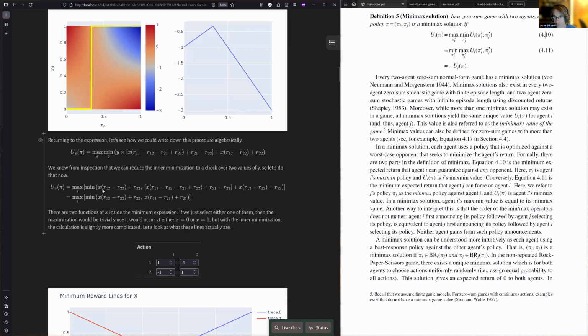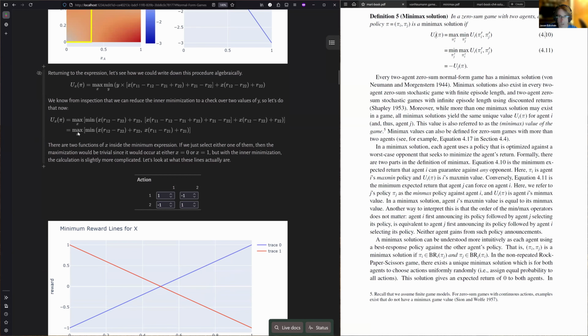The first expression is if we set y to 0, so this whole term gets zeroed out, and we're just left with this. The second expression is if we set y to 1, and then there's some cancellation that happens because this x term, if we pull it in here, ends up canceling at the r12 and the r22. So we're left with this expression.